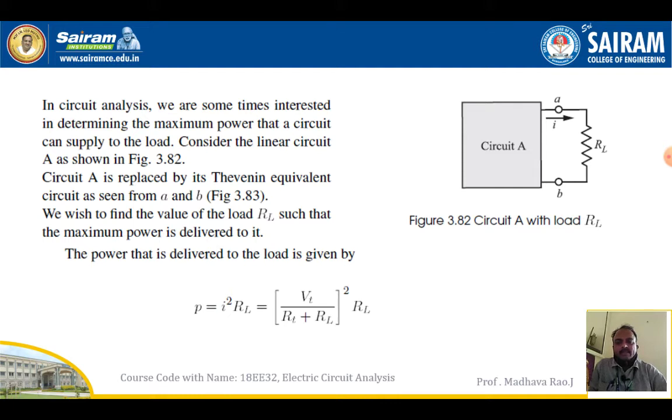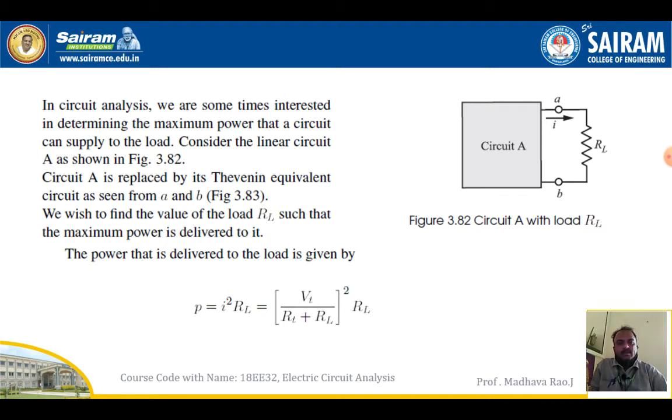Circuit A is replaced by a Thevenin equivalent circuit, which means the open circuit voltage source with a series Thevenin resistance. We wish to find the value of load resistance RL such that the maximum power is delivered to it.